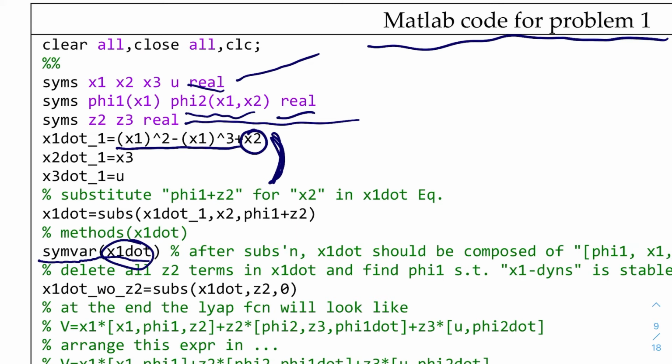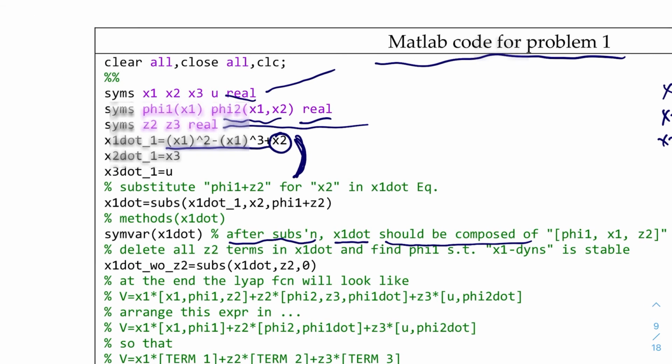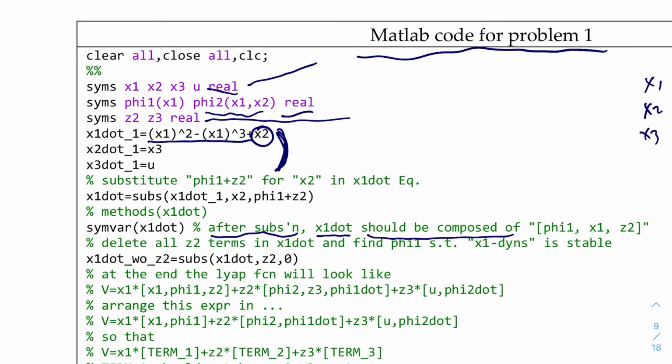To determine the dependencies, you use simulink, which lists all the variables that this is a function of. After substitution, x1 dot should be composed of phi1, x1, z2. So nothing wrong with that.